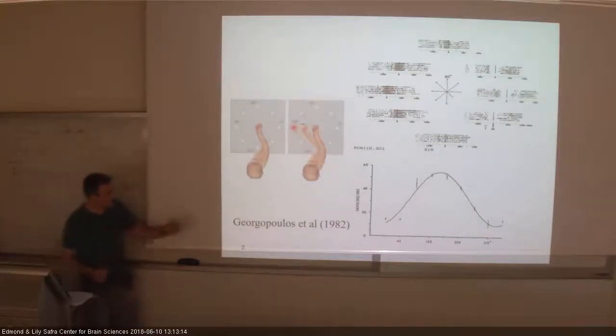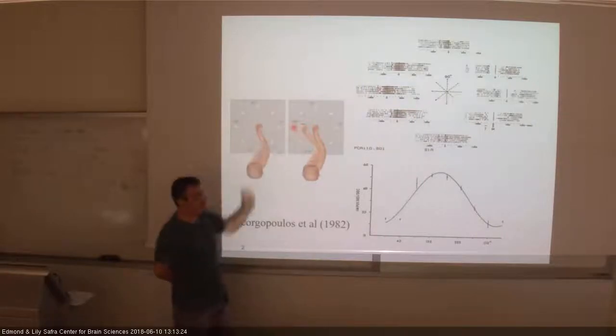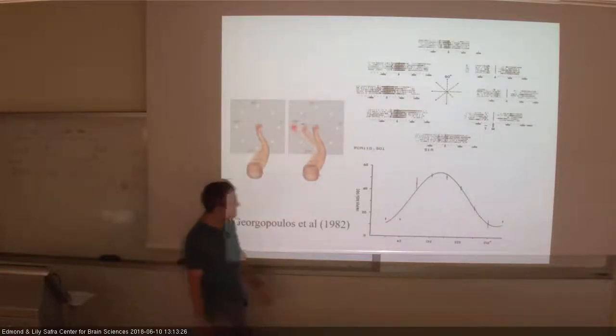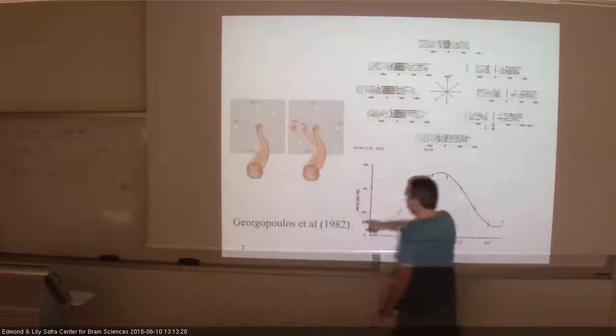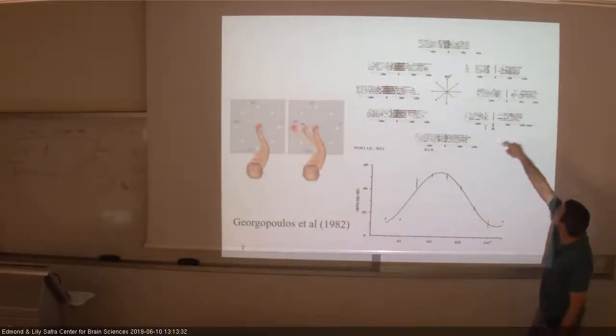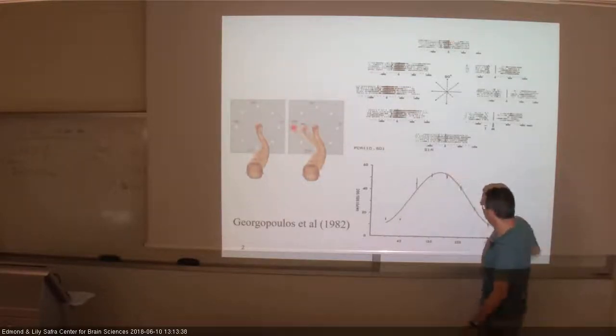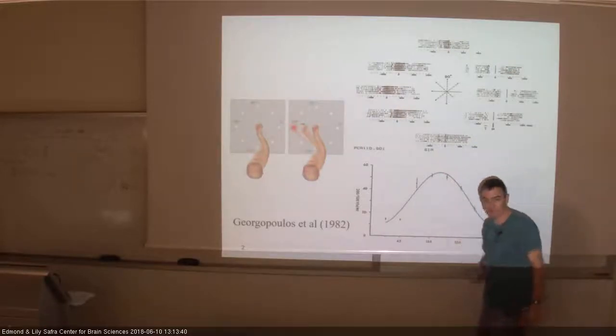This is a classical example from the work of Georgopoulos, who trained monkeys to move a manipulandum to one of 8 directions. What you see here is a firing rate as a function of direction. These are rasters of individual trials.